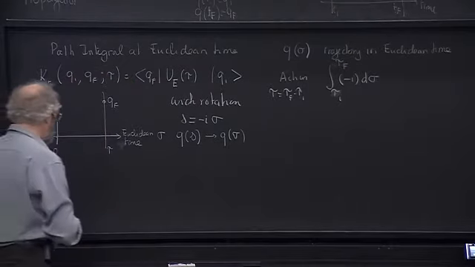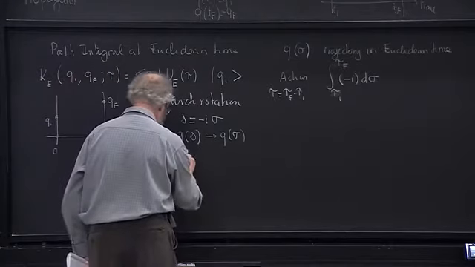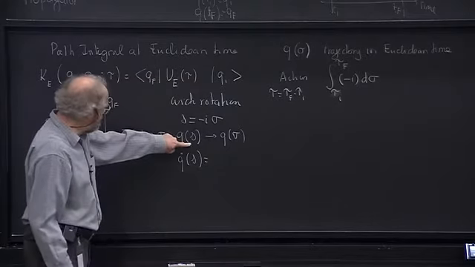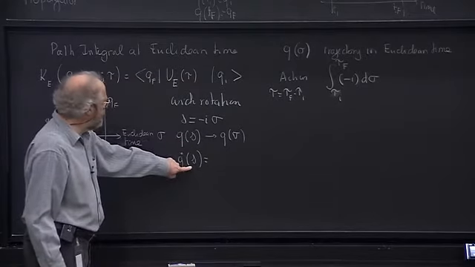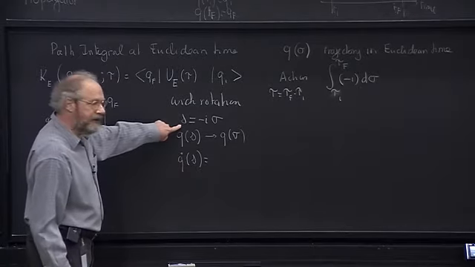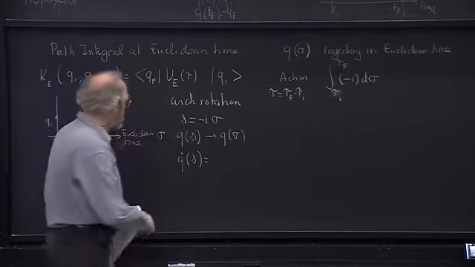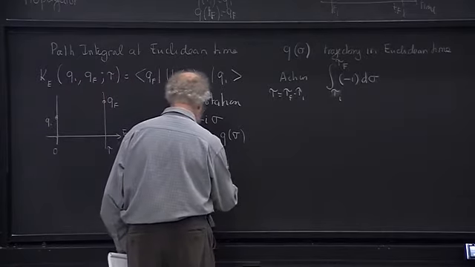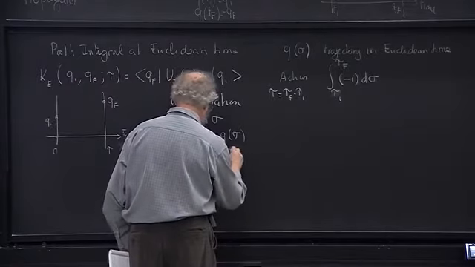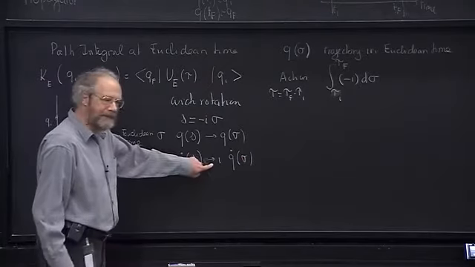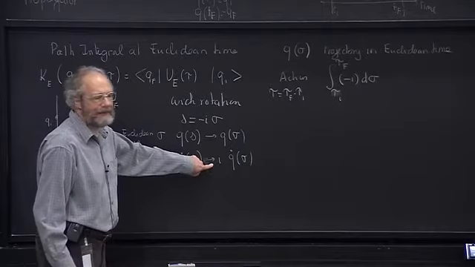Okay. But of course, q dot of s, which is the derivative with respect to s of q, becomes, if you are a bit naive, just 1 over minus i, so i times q dot of sigma, where q now is a function of sigma, because you made a complex change of variable.